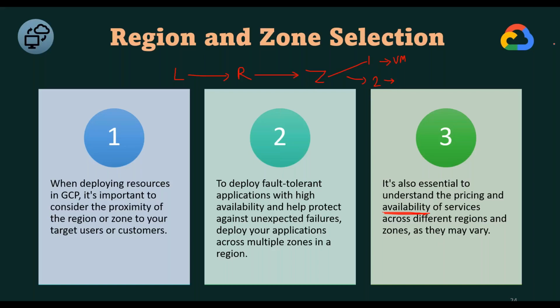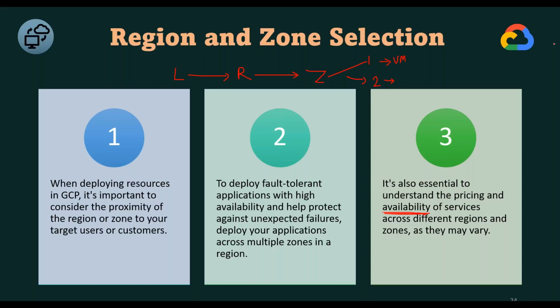If your target customers are in one location, try to deploy the application near to them, in the nearest zone or region. Likewise, try to deploy your application in multiple zones, and if possible in multiple regions, to avoid unexpected failures. Due to unexpected failures, if the zone crashes, your resources and your deployment are gone. So try to deploy your applications in multiple zones.